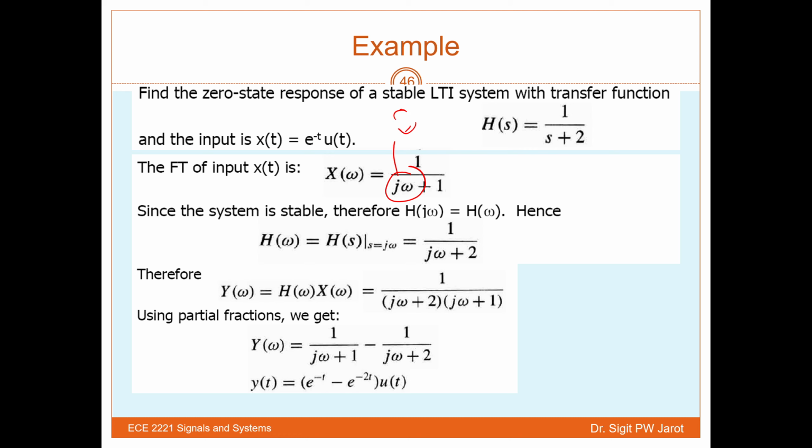We want to find the output Y by multiplying the impulse response and the input. So we just multiply this one and this one. When we multiply, we have these terms separately and convert them into the time domain: e to the minus t and e to the minus 2t. This is A, just using the table.